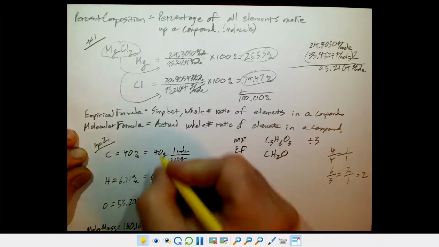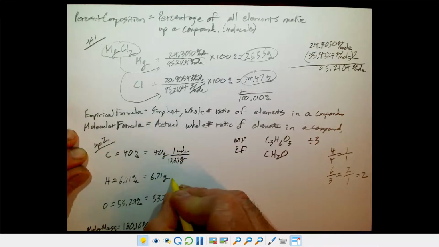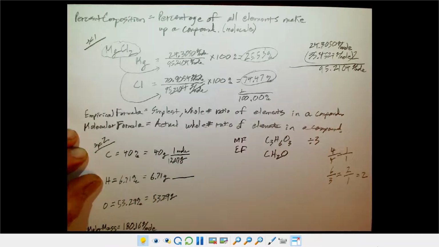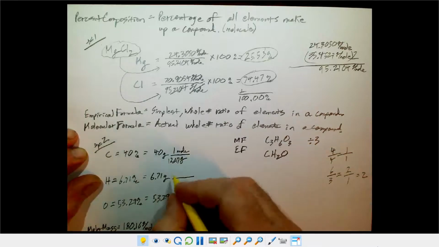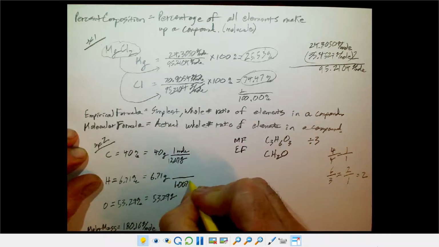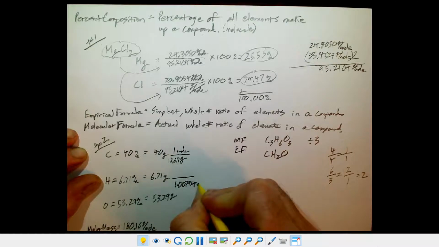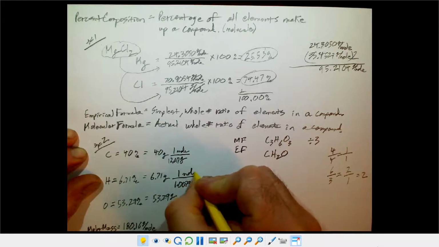And then we're going to do the same thing for the next one. We're going to multiply it by whatever the molar mass for hydrogen is. When we look at the molar mass for hydrogen, it's 1.00794 grams in 1 mole.